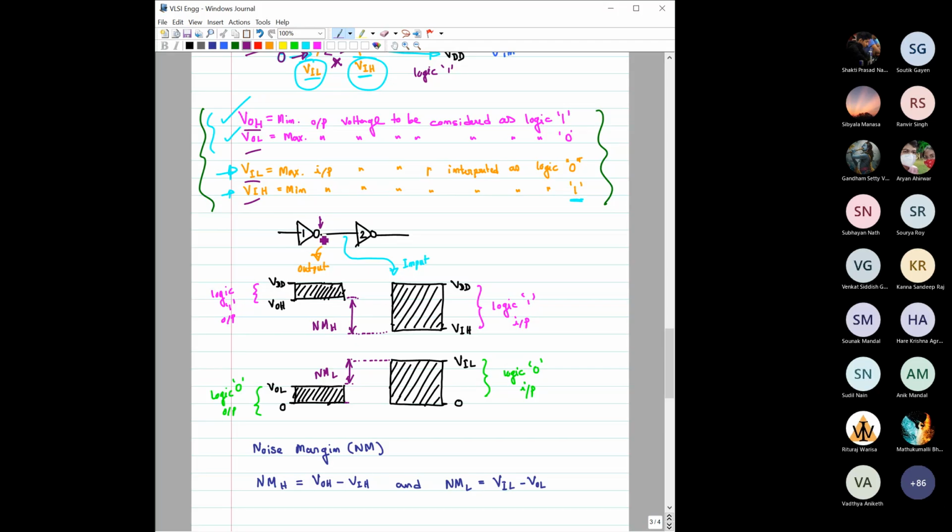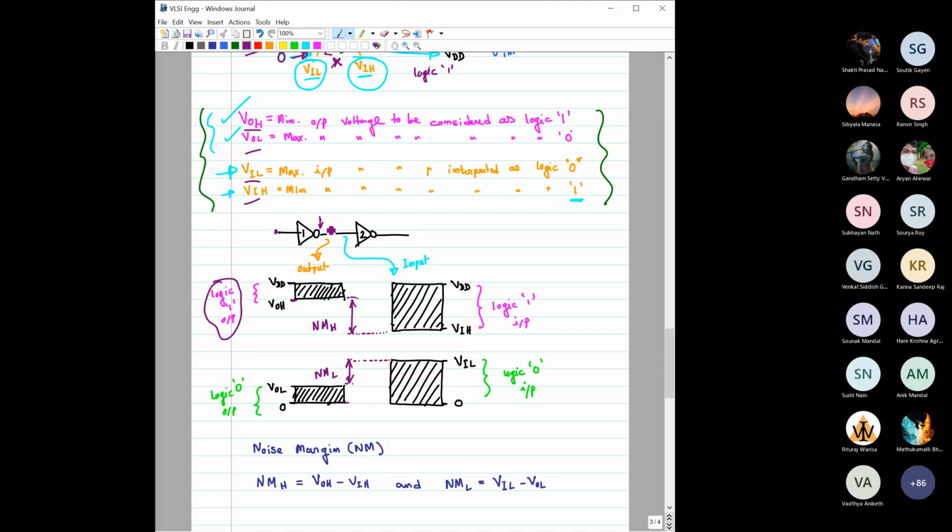Output of the first inverter, it might be anything, depending on the input voltage or the construction of this inverter, anything between VOH to VDD, right? That's how we have defined it.